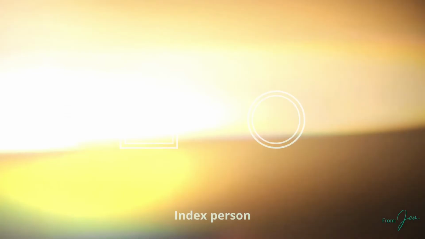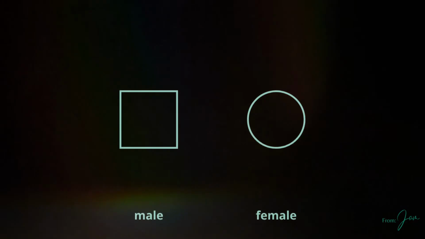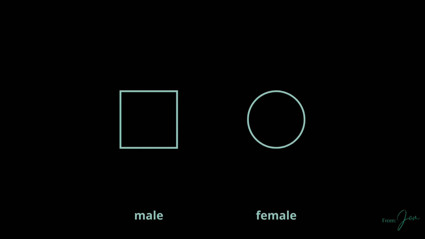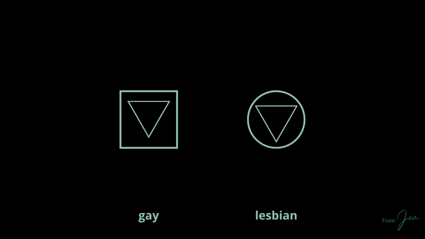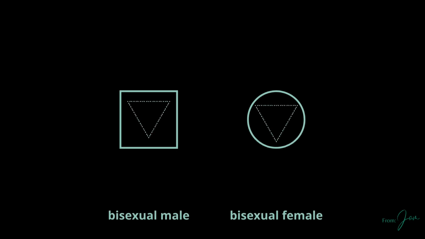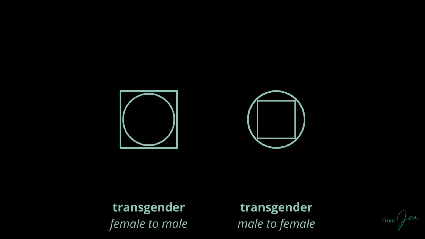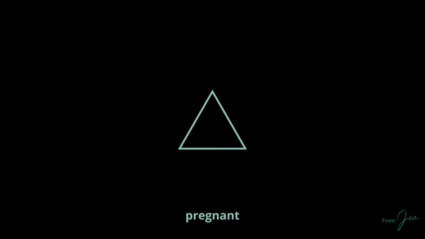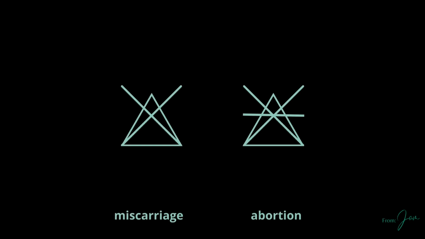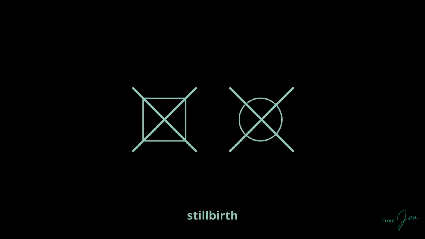Each family member is represented by a box or circle or inverted triangle according to their gender: gay, lesbian, bisexual man, bisexual female, transgender female to male, transgender male to female. This is used to symbolize a pregnant woman, and these are used for miscarriage and abortion. Male and female stillbirth.